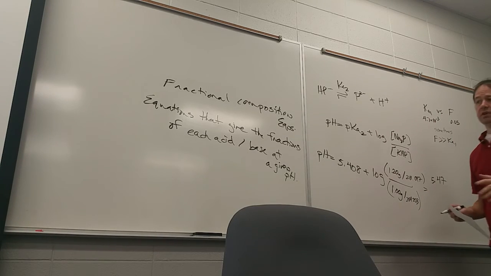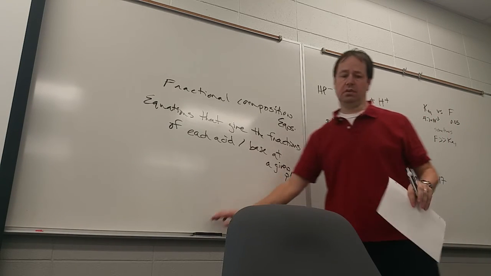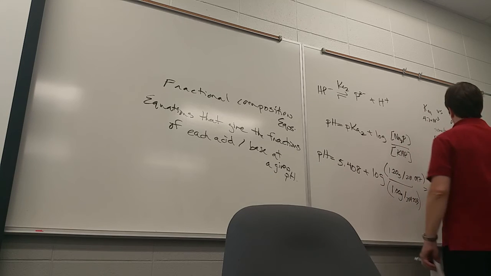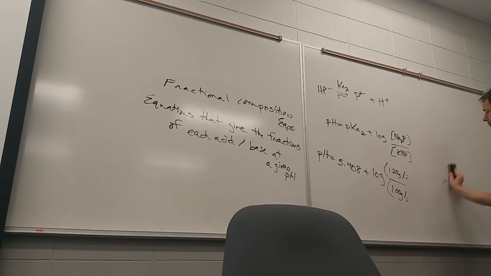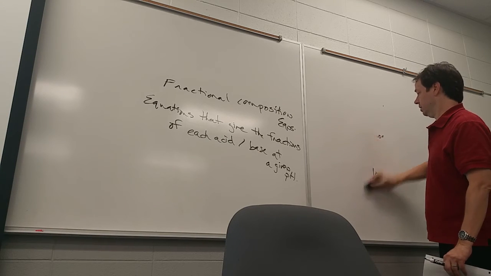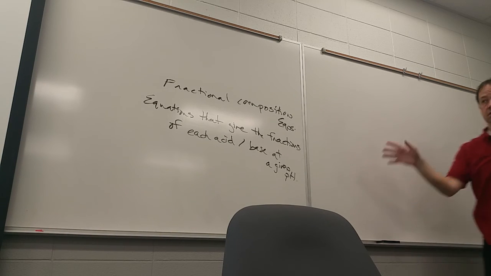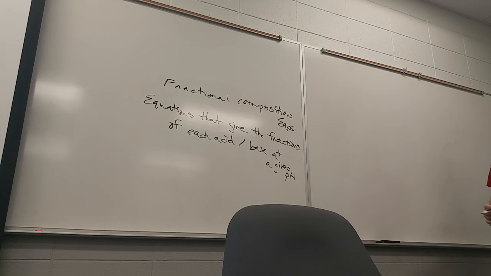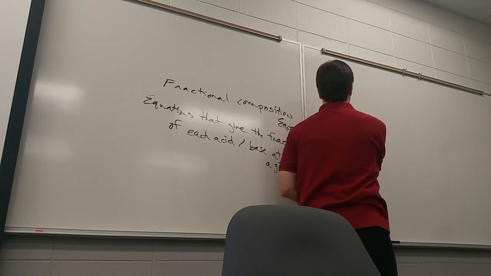And it'll be a fraction, like 90% or 10% or 20%. We've already shown you how to calculate the actual amounts using the equations, but if we want to find out what the fractions are, like is it 40% or 10%, we can use these equations. So let's start with a monoprotic system.